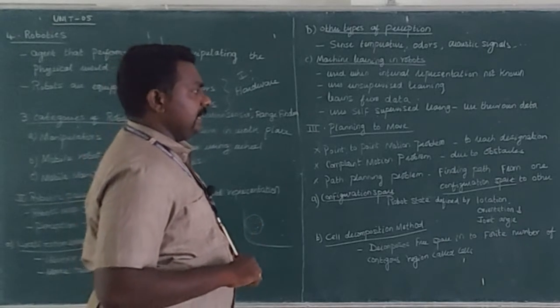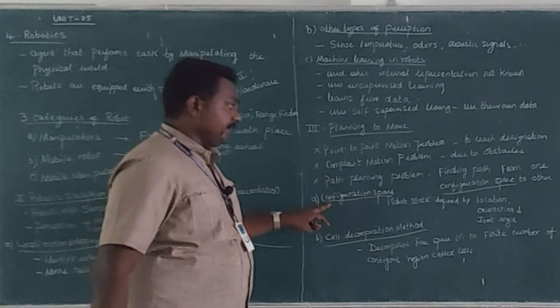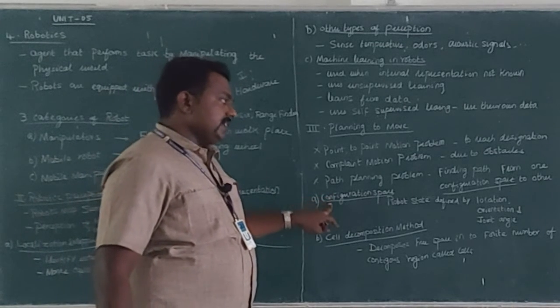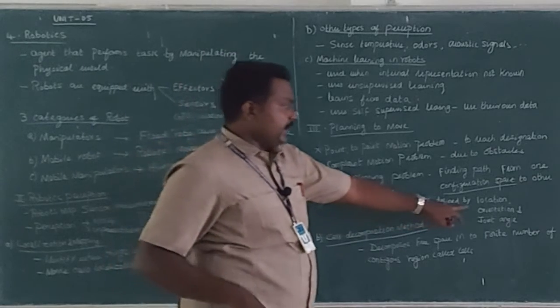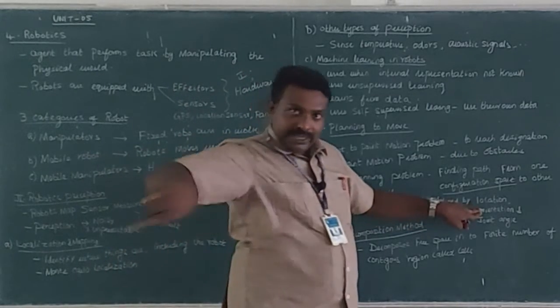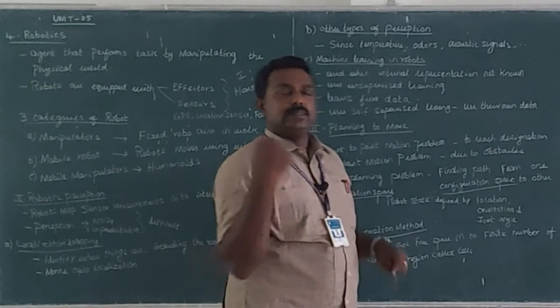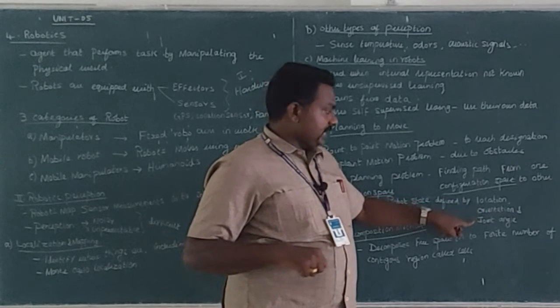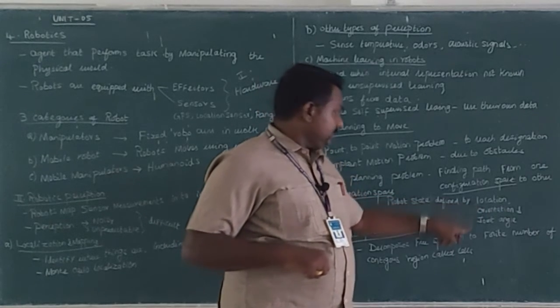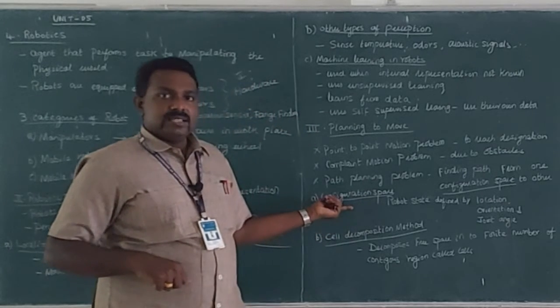In the path planning problem, there are two methods. The first one is configuration space. Configuration space is the state of a robot, which is defined by its location, its orientation and the joint angles, where the motors are fitted. With these three, you create a configuration space.